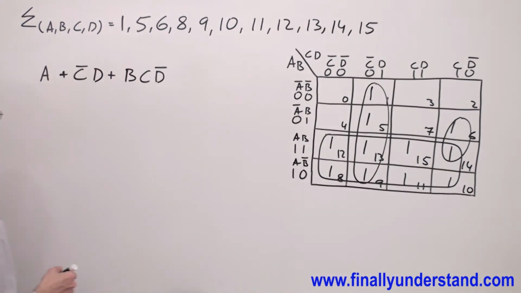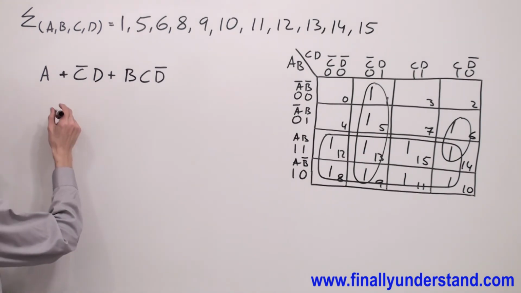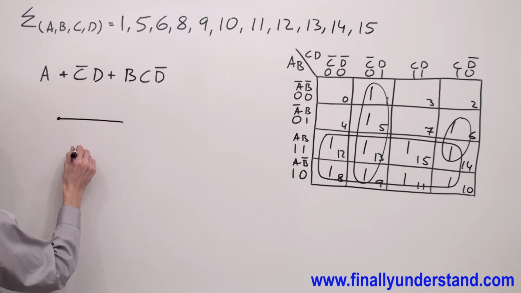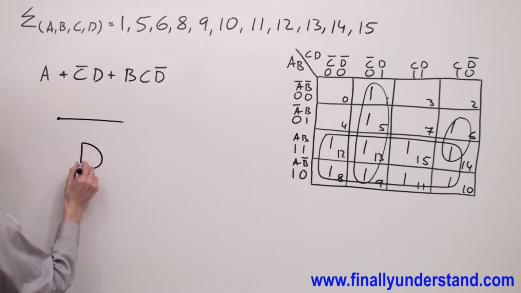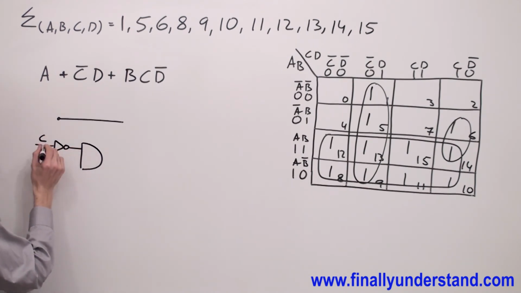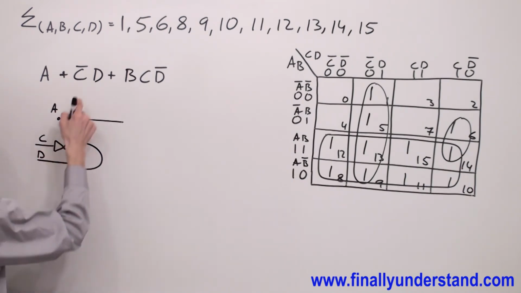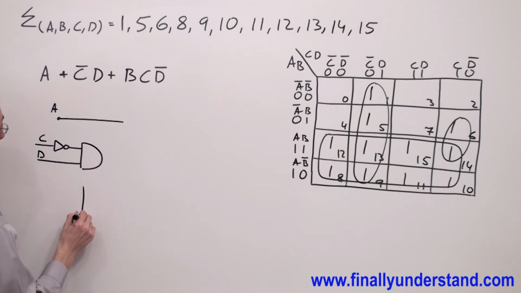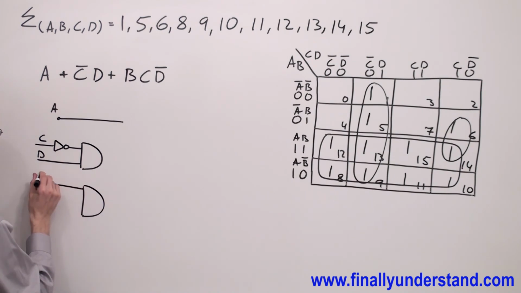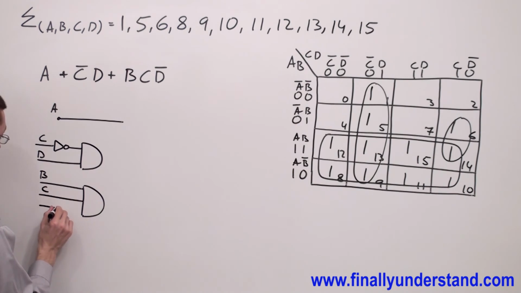So I'm going to simply implement this. We have input A, we have AND gate, C input is connected to the inverter, and I have input D, and I have 3 input AND gate with input B, C and D0.